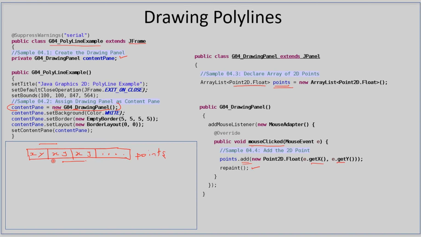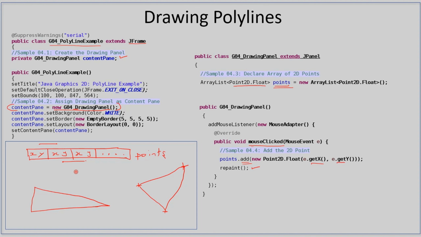Let's say our array contains only 2 segments, and this is one segment, for example. This one is a second segment, and when we make a call to closePath on the general path, we can get a shape like this. So likewise, based on the mouse click location, we may be getting a different shape, right?